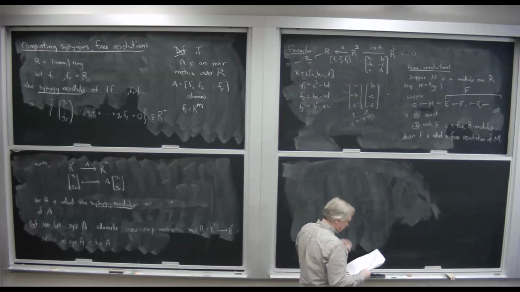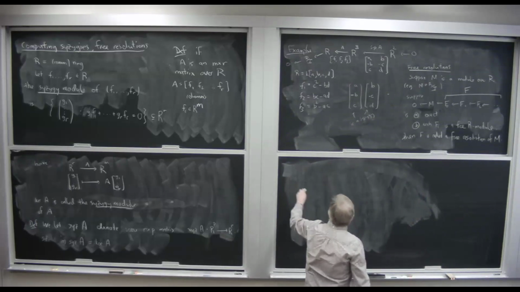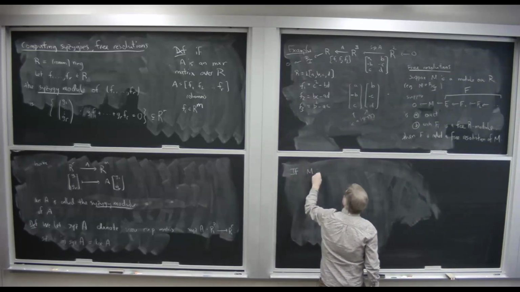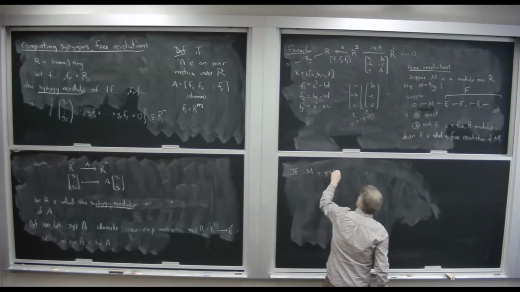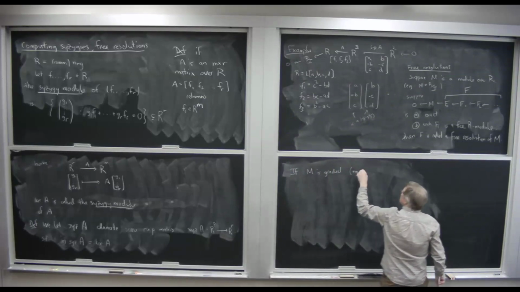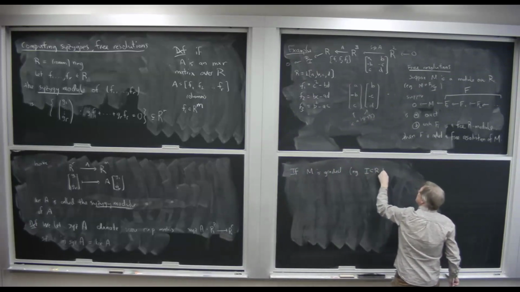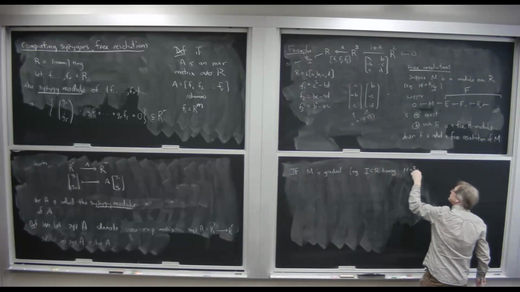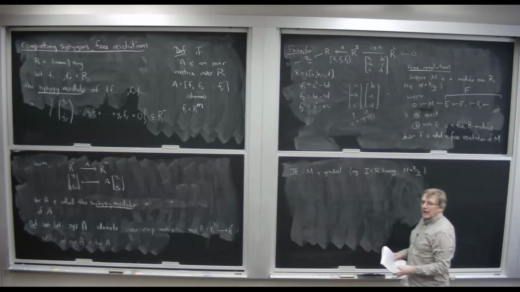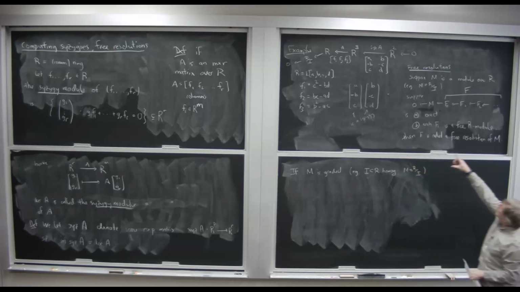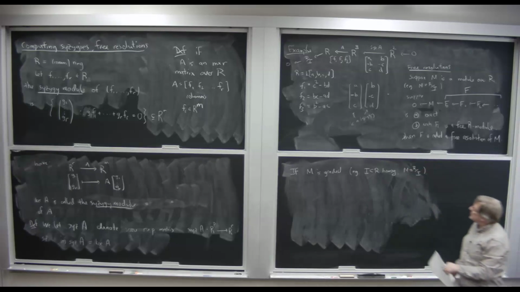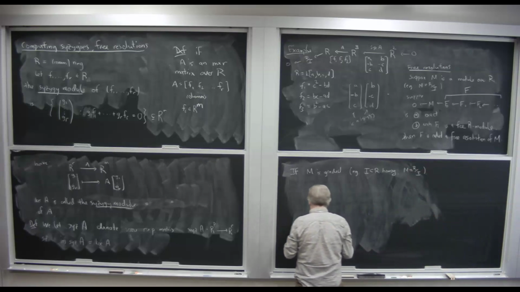Okay. By the way, if there is one other thing, if M is graded, e.g. I contained in R is homogeneous, and M is equal to R mod I, then what we could do is put a grading on all these free modules, just put those twists of minus D's that we had last time and make it into a graded exact sequence.